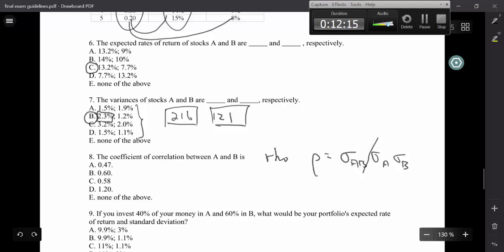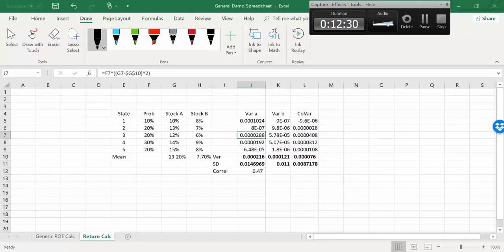So given the information, you actually can work out the covariance, and you also have to work out the sigmas. And the answer for the covariance actually is this one, 0.000076, and the individual standard deviations are 0.0146 and 0.01.